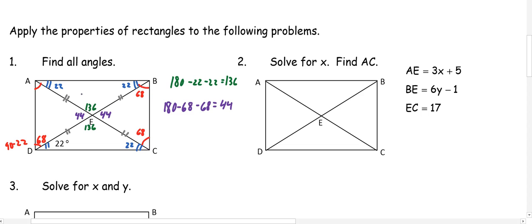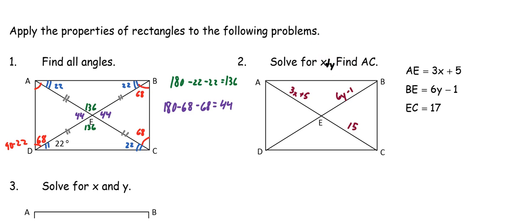Number 2, solve for x and find AC. So when I solve for x, I know that AE is 3x plus 5, EC is 17, and BE is 6y minus 1. Remember, we're also going to solve for y here.